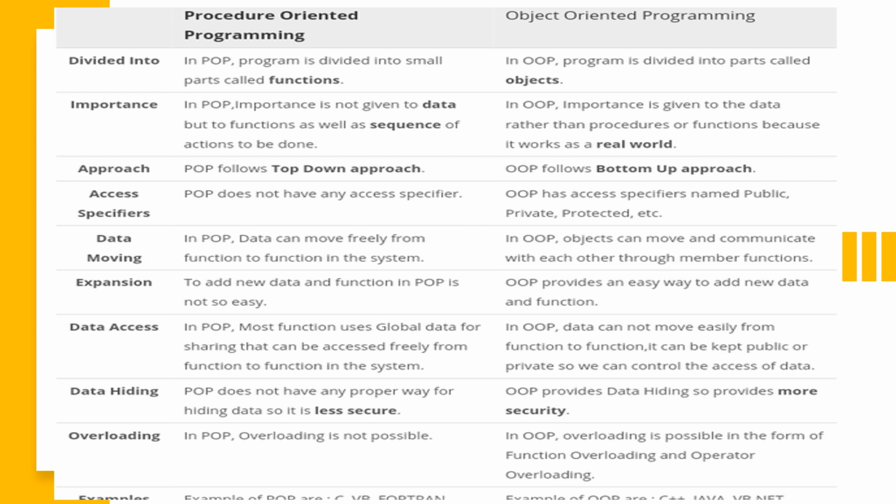In procedure oriented programming, we cannot easily add new data or new functions, whereas in object oriented programming, we can easily add new data and new functions. The other difference is that in procedure oriented programming there is a restriction on the number of lines you can write, so you can't write many lines in C programming, whereas in object oriented programming we can write any number of lines. These were the other differences between procedure oriented programming and object oriented programming.